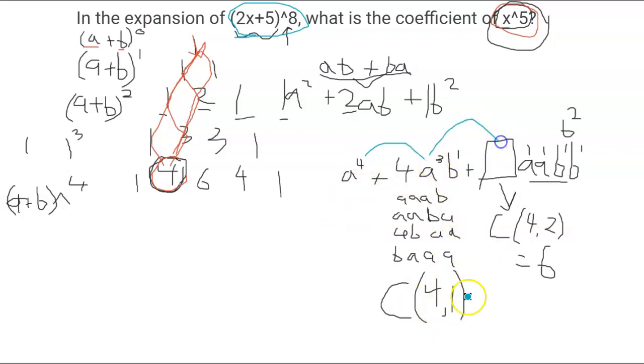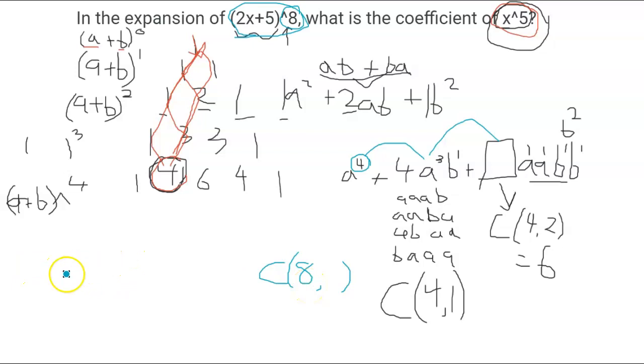When you go 2 in, you did combination 4, 2. And you were in the 4th row because you had 4 powers. So we're in the 8th row. So we definitely know that we need combination 8 something, right? But the question is, what's the something?